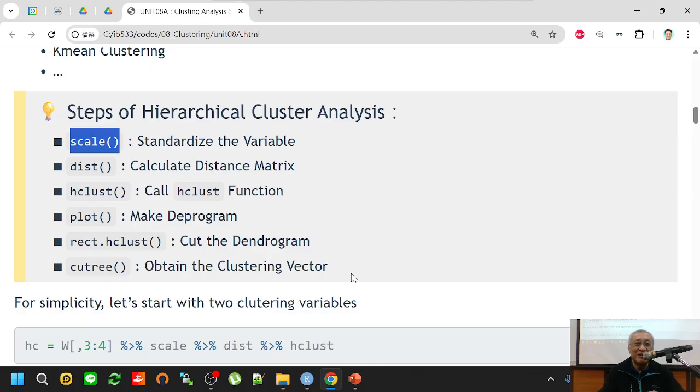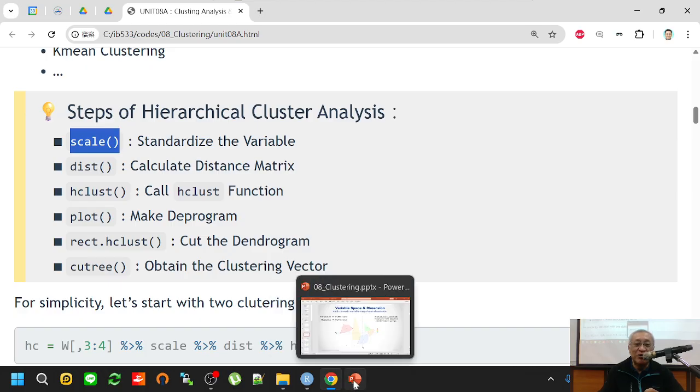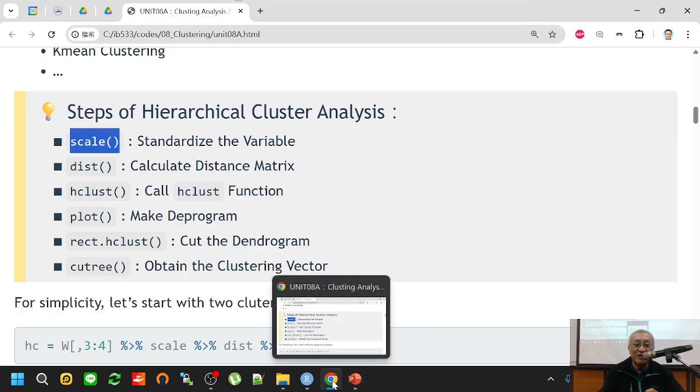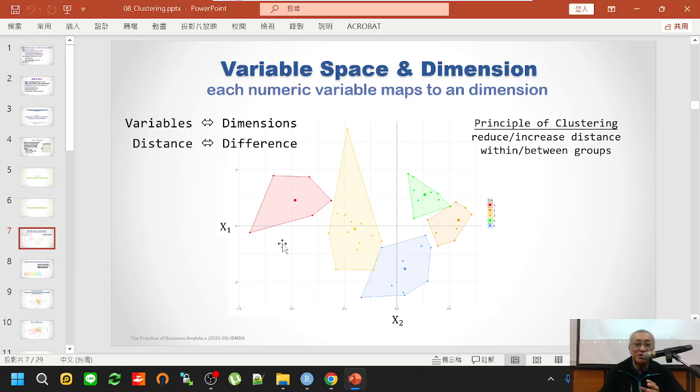So we can change the scale so that the scale of all of this clustering variable, this grouping variable, are standardized, right? Okay. Those who already studied statistics should know what standardized is, right?